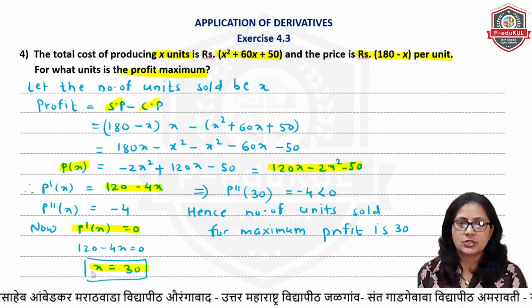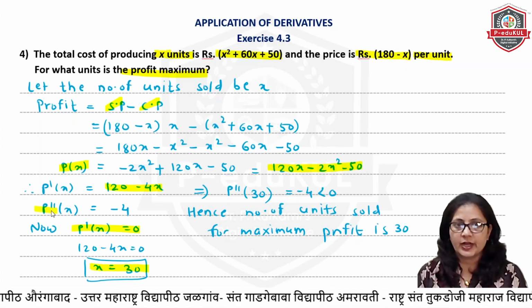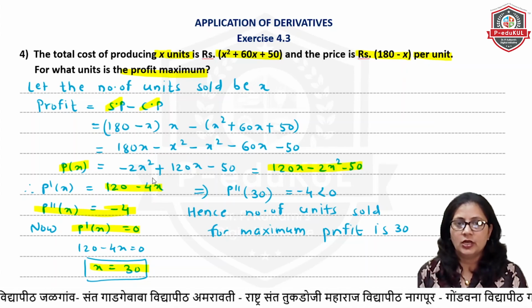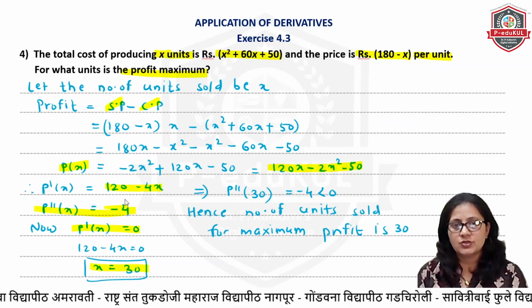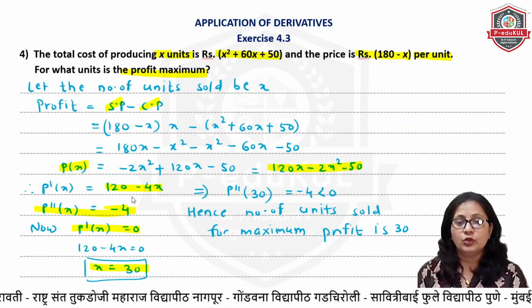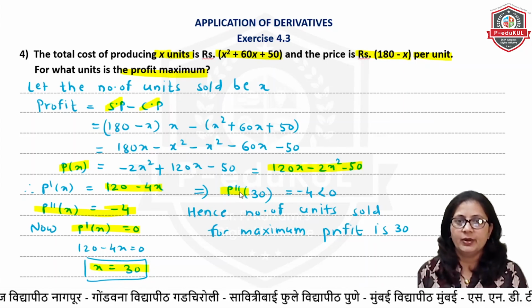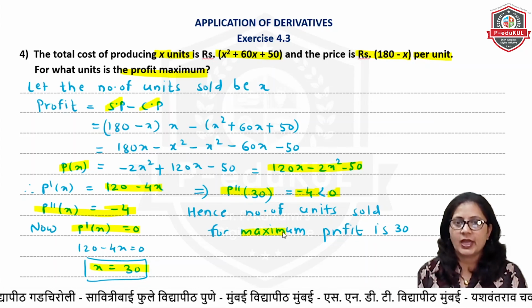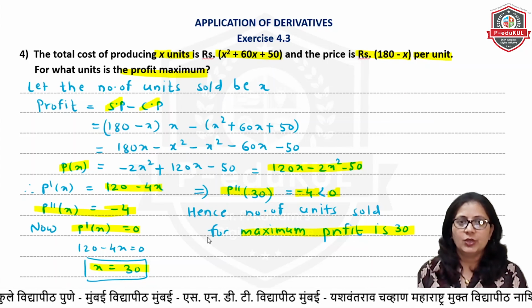Number of units, so x is equal to 30. Now p double dash, that is second order derivative, is minus 4, because 120 is a constant. Derivative of minus 4x will be minus 4. And here it comes a constant function. And then what do we say? That p double dash of 30 will be minus 4, which is less than 0, and hence the maximum profit is for 30 units. तो ये बहुत ही सिंपल है.